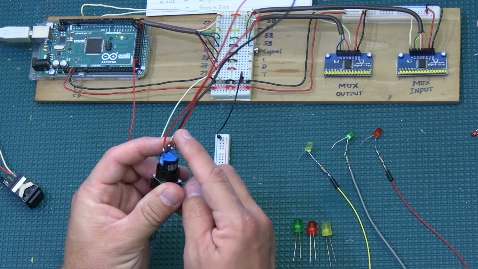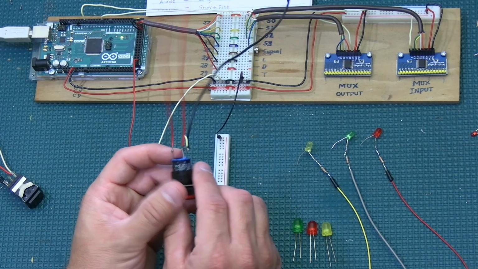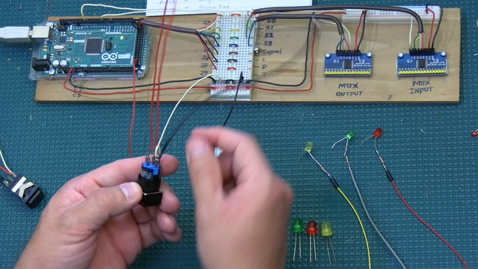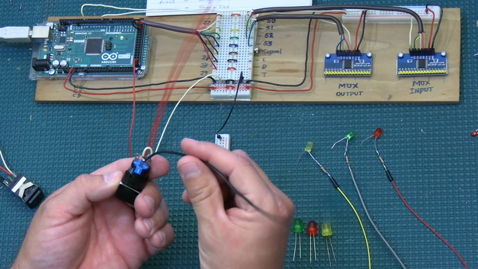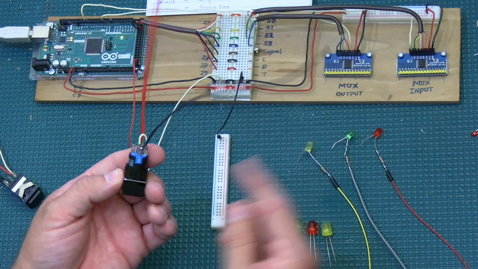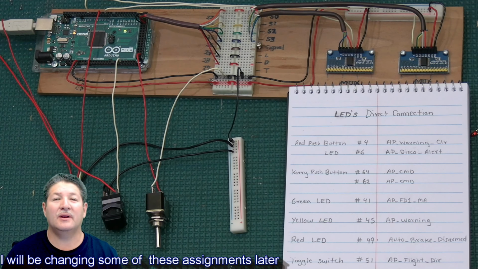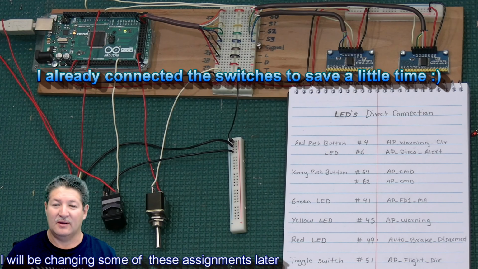So I chose to do it normally open, which is the way most of our buttons would work anyways. And once again, I've jumpered the ground to go to one single ground wire instead of using two separate ones.